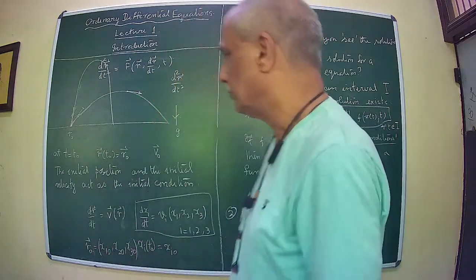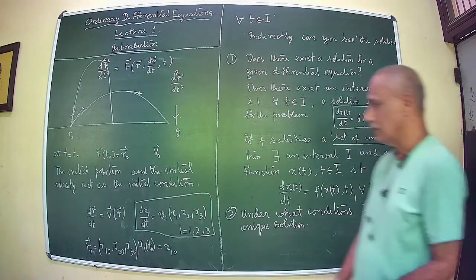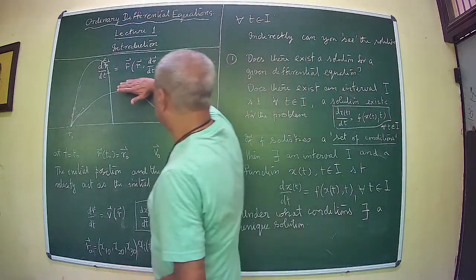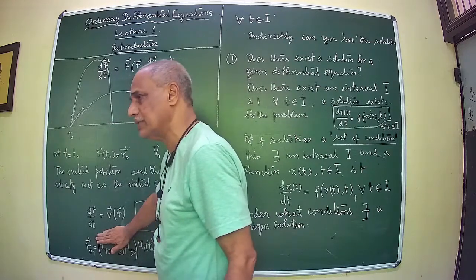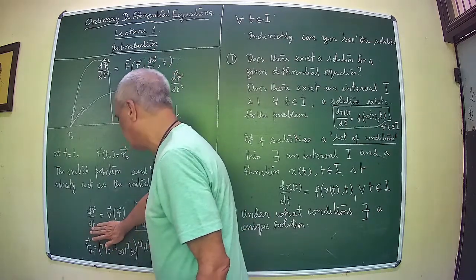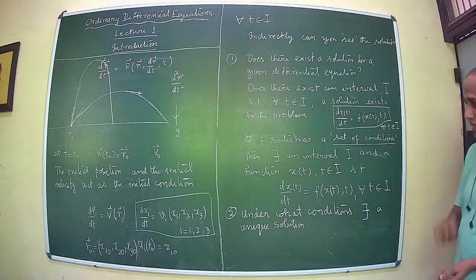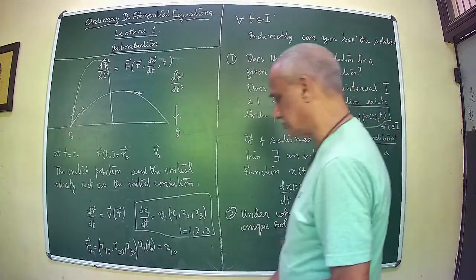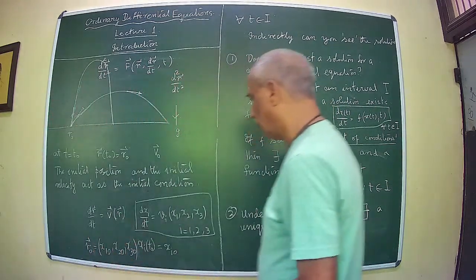When you formulate the problem, you have to give this F here or V here, and that is an approximation, and it comes out of measurements. The second problem is this. As I said, there is an initial data. What is the initial data?